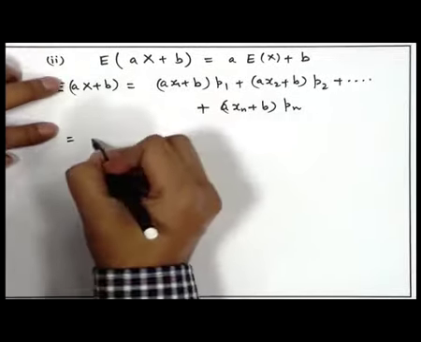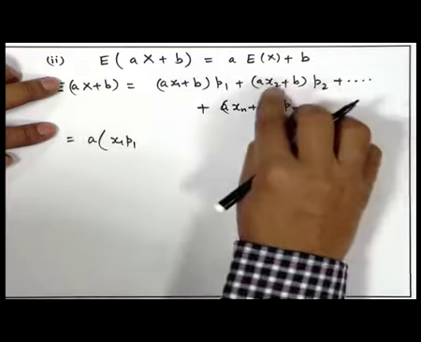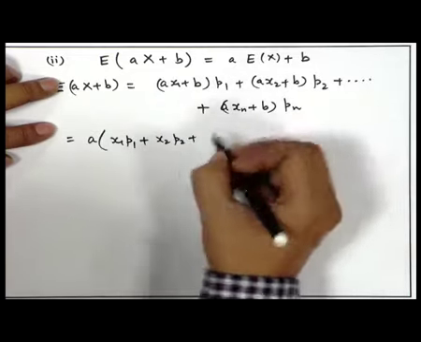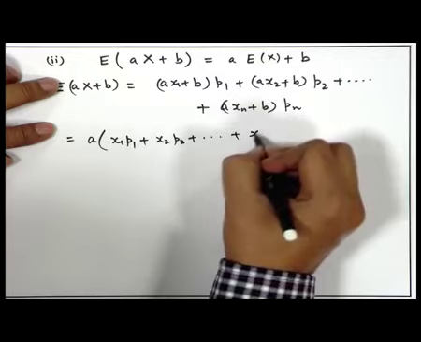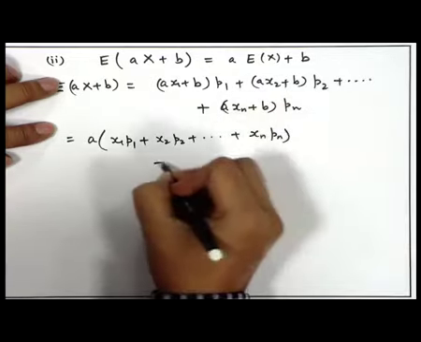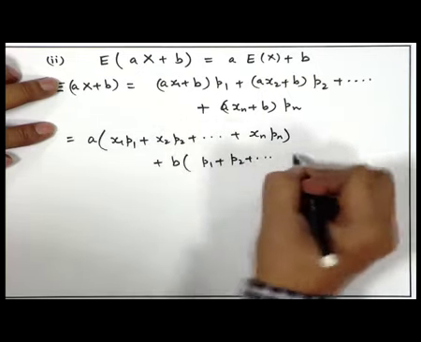So, this you can expand: a times x1 p1 plus x2 p2 and so on plus xn pn, that is this term, plus b times p1 plus p2 plus pn.